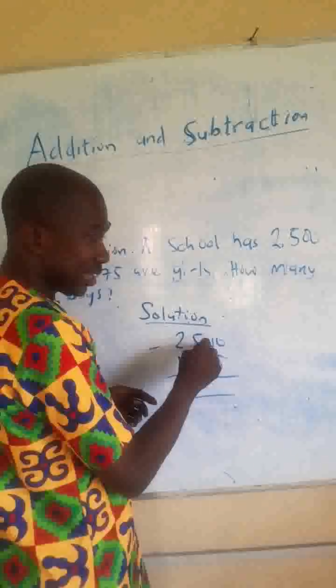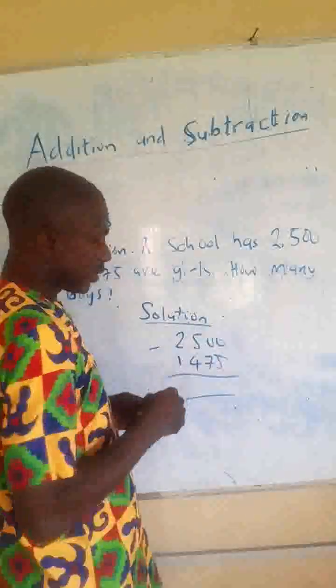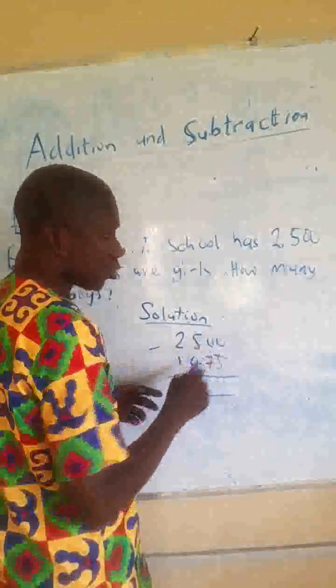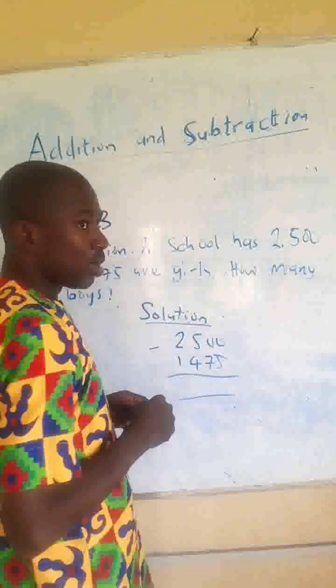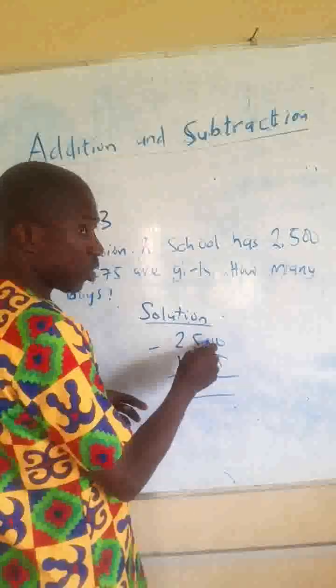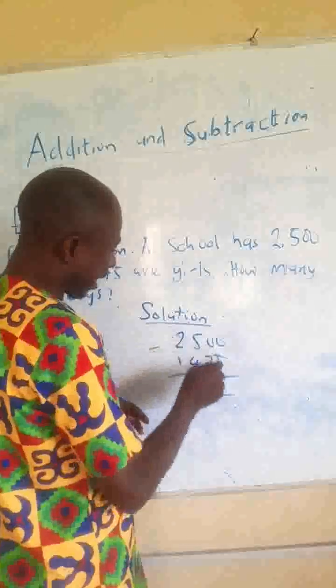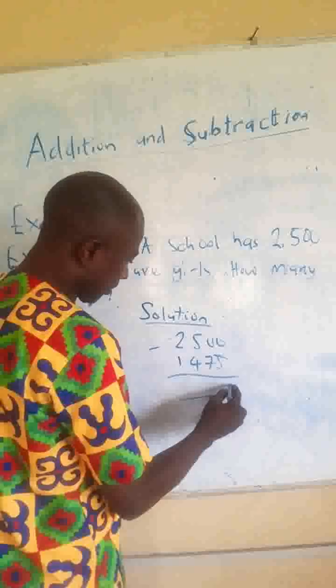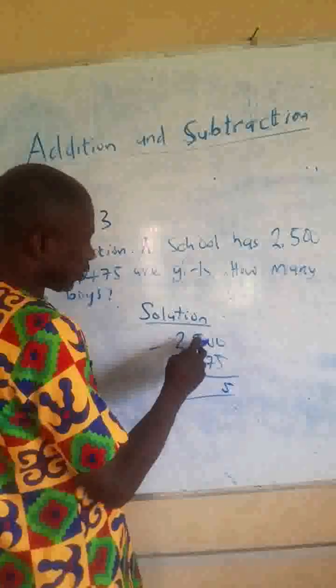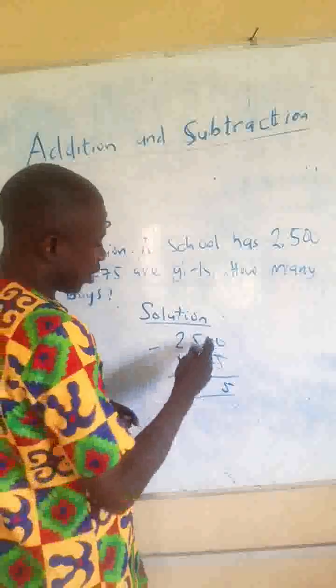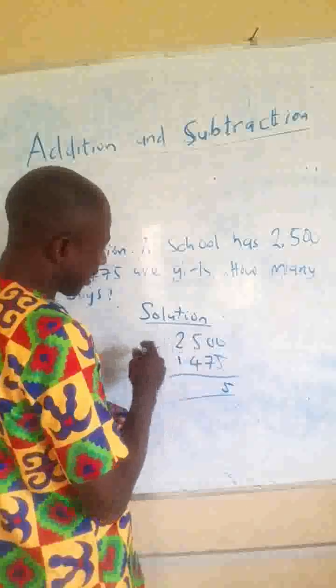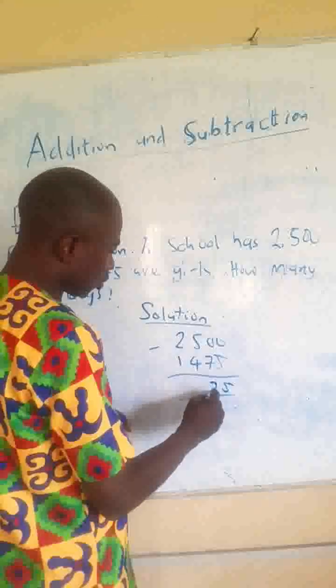Now here is 10. Then you borrow 1 from that 10 and add it to this 0 here. This one becomes 10 again, and here becomes 9 because you already borrowed the 1. So this one will now be 10 minus 5, which is 5, and what is left here is 9. So 9 minus 7 is 2.